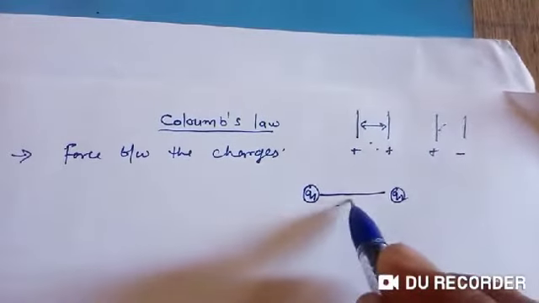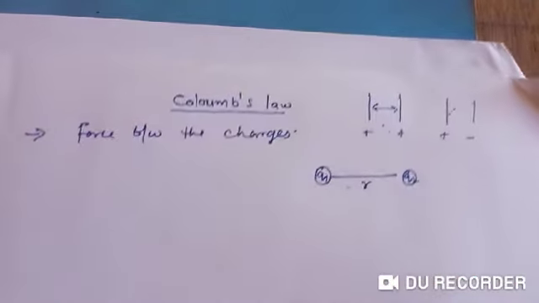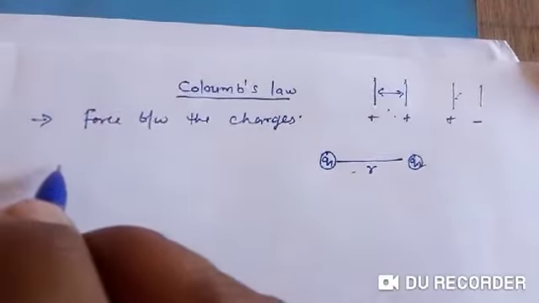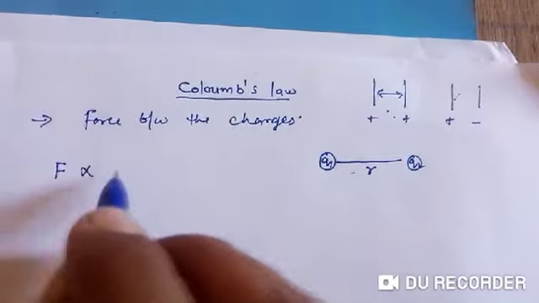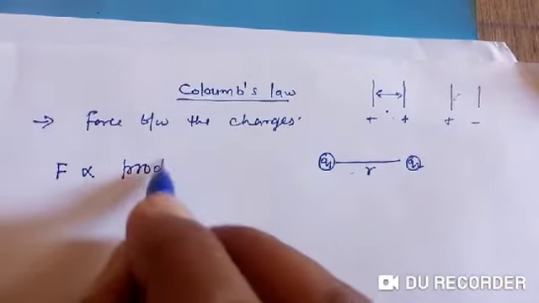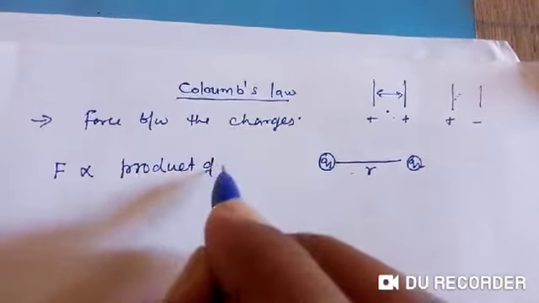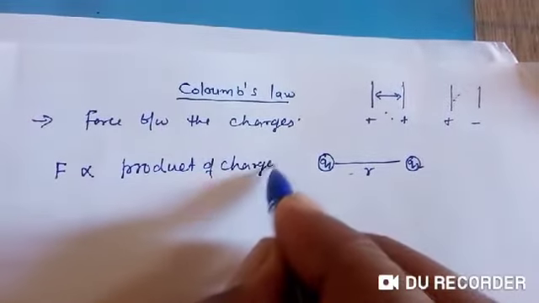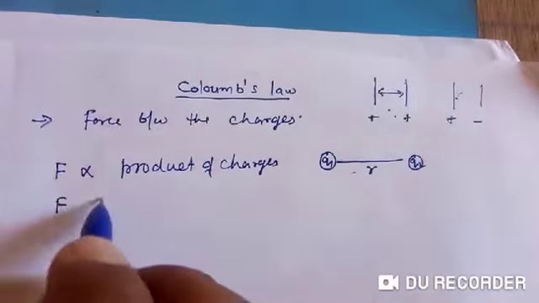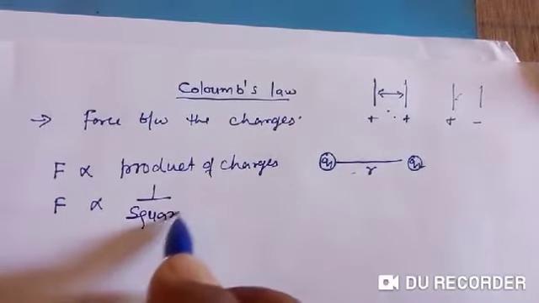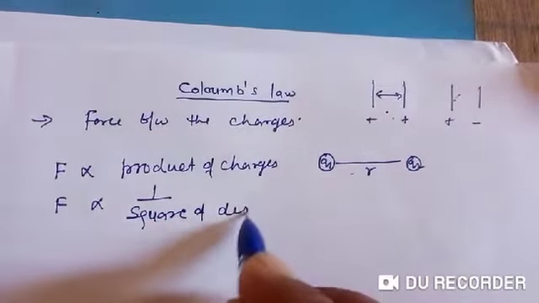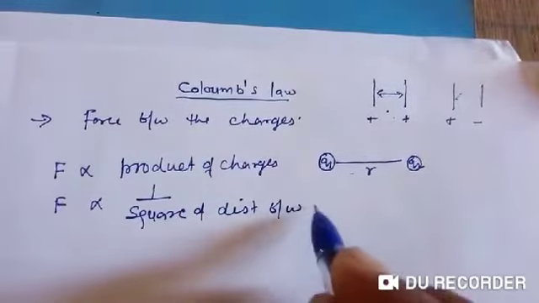And the distance between them is R. Coulomb's law says the force between the two charges is directly proportional to the product of charges and inversely proportional to the square of the distance between them.